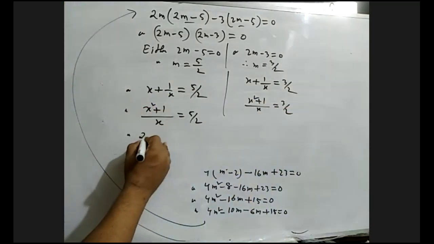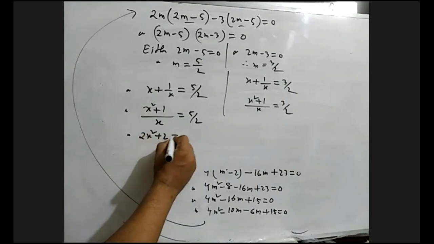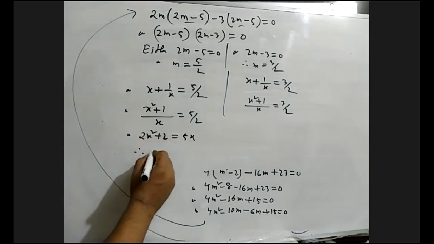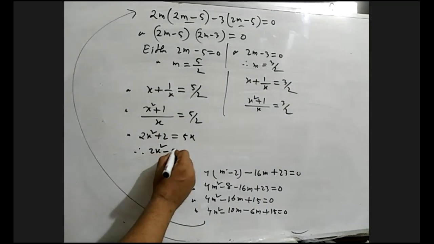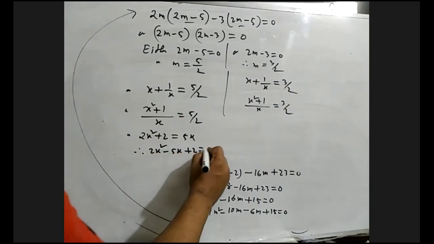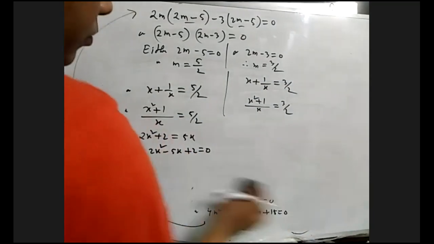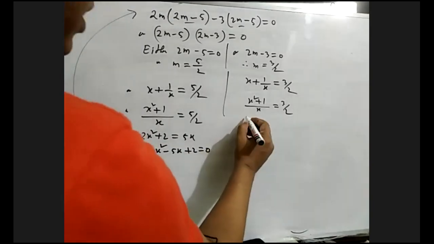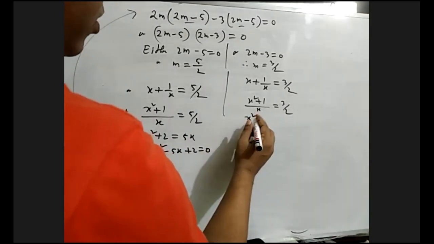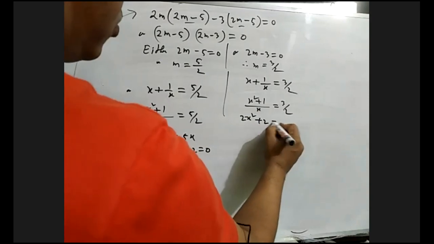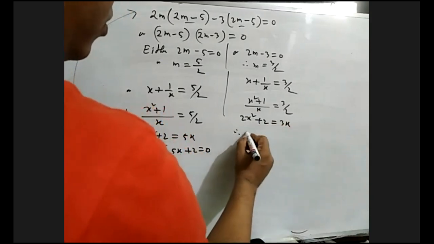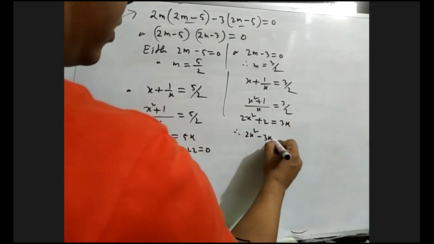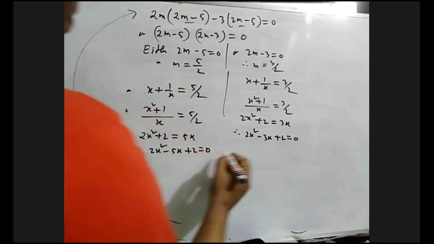By cross multiplication, twice x square plus 2 equals to 5x. Therefore twice x square minus 5x plus 2 equals to 0. Similarly for this part, by cross multiplication, twice x square plus 2 equals to thrice x. Therefore 2x square minus thrice x plus 2 equals to 0.